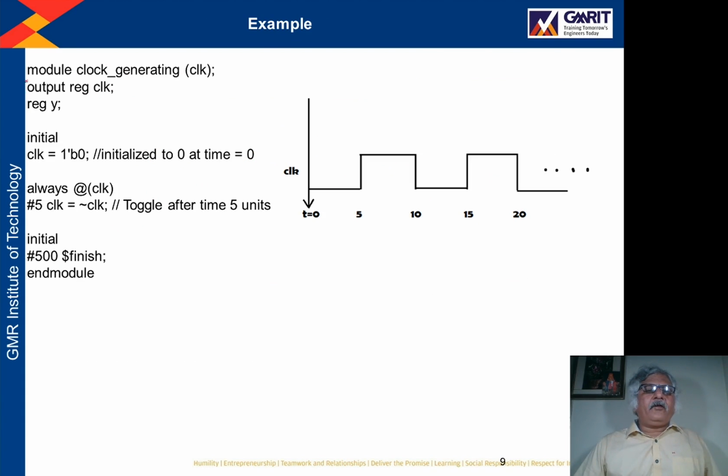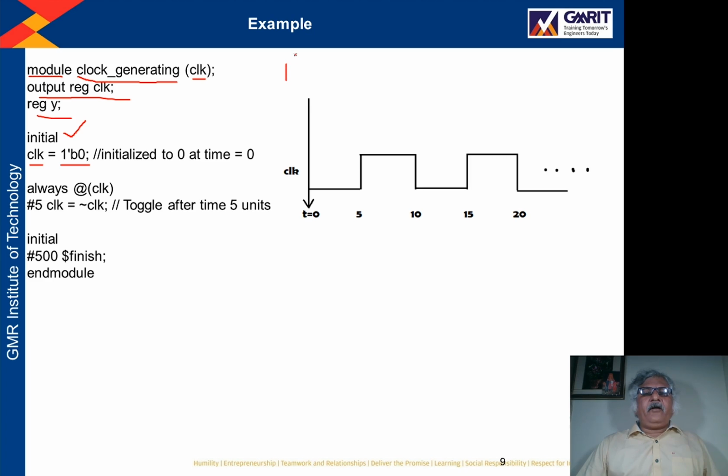Here one example is taken: module clock_generating_clock, a clock generator type of Verilog code. Here the output is reg clock, and then we have written one initial block. Inside the initial block there is one statement, CLK = 1'b0.